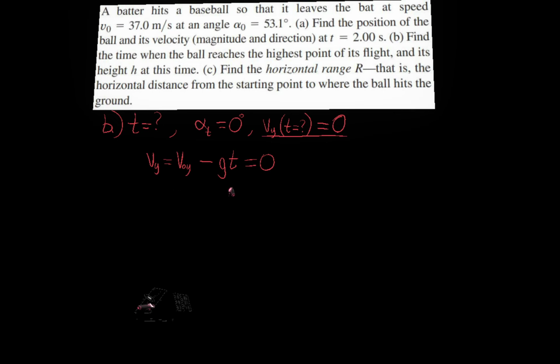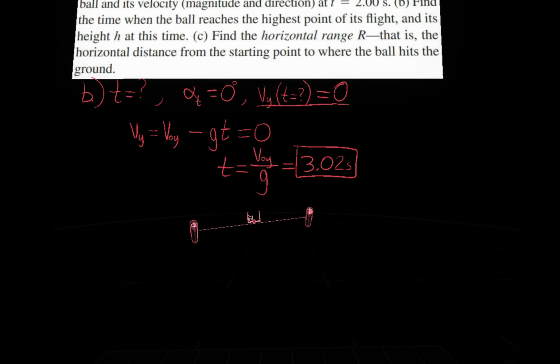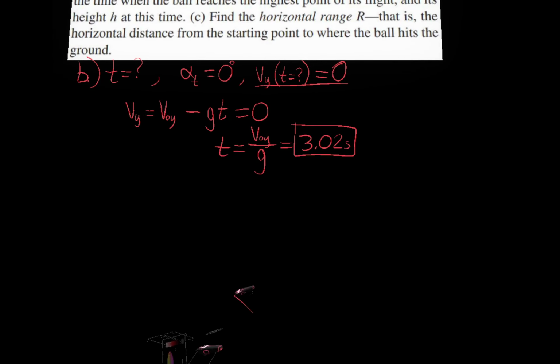So time is going to be equal to V naught y over g. And if you plug in the numbers, you get that time to be 3.02 seconds. So this event, the peak of its trajectory, occurs at 3.02 seconds after it is launched, after the baseball's hit, rather. Okay, and now find the height.